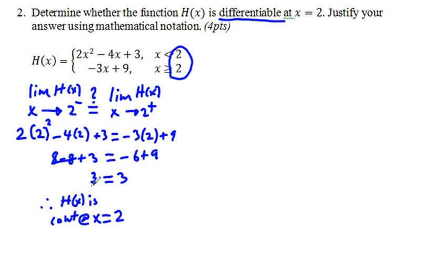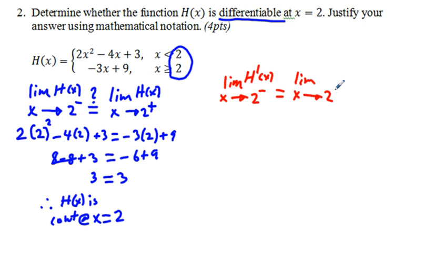Now we have to go on to differentiability. That was a necessary requirement for differentiability, continuity. So now we go to differentiability, which again is a limit situation, but this time we have the limit as x approaches 2 from the left side, not of h of x, but of h prime of x, equals the limit from the right side of h prime of x.